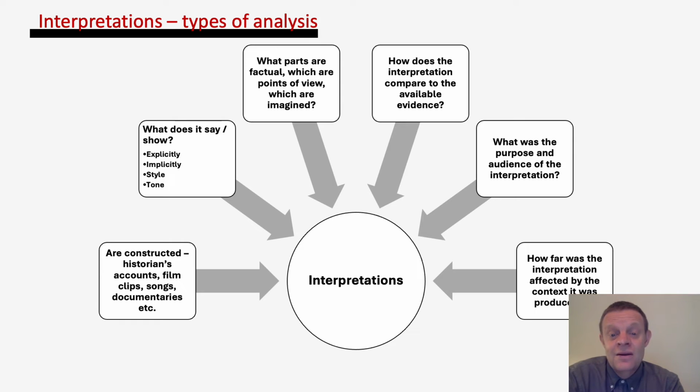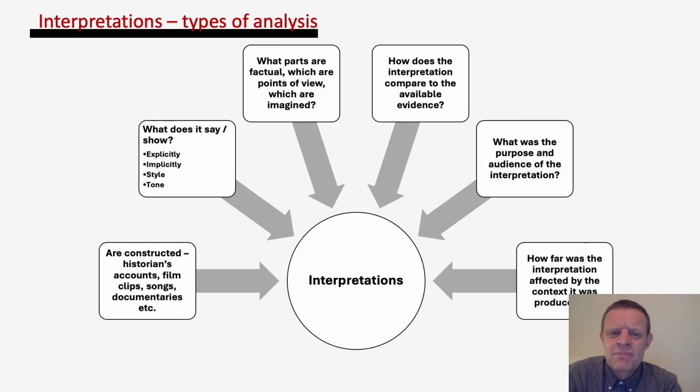And an important thing to do, we can compare the interpretation to the available evidence. Now, I know some history teachers have taken the work of a historian and looked at the evidence that they based that page or two on in the footnotes, and then provided the pupils with that evidence, and then they've seen if they agree with the interpretation that the historian has come to, which is quite interesting stuff.